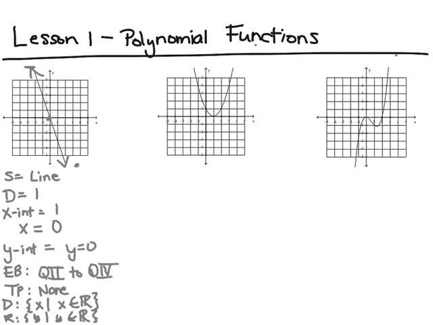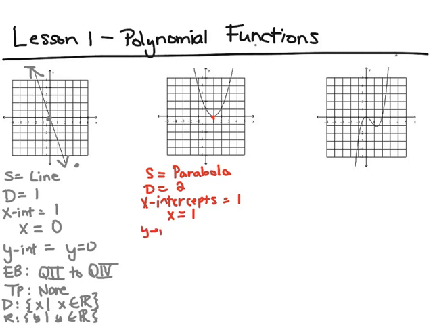For our second one, the shape is a parabola, or a quadratic if you want to call it that. So that means our degree is 2. There is 1 x-intercept, and it's right here at x equals 1.